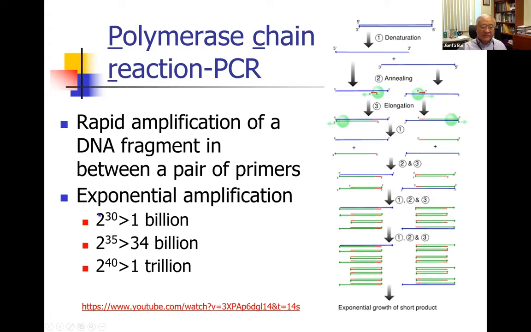If you have 30 cycles of amplification, you get 1 billion copies from a single DNA template. And sometimes we run 35 or 40 cycles, and you generate 1 trillion copies. That's why it's so popular and everybody is using it.